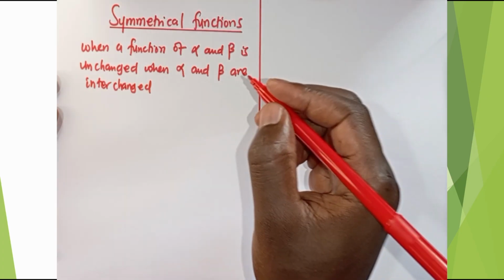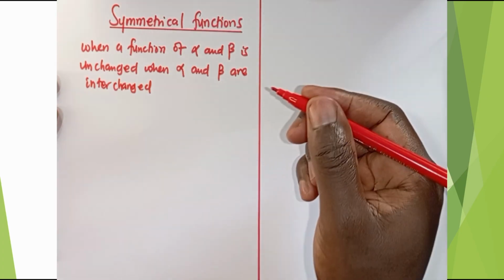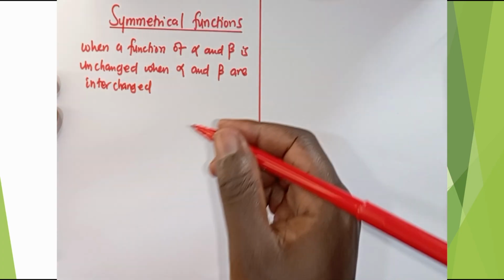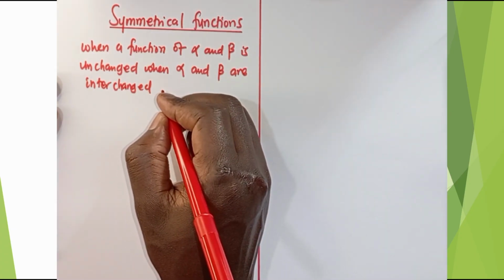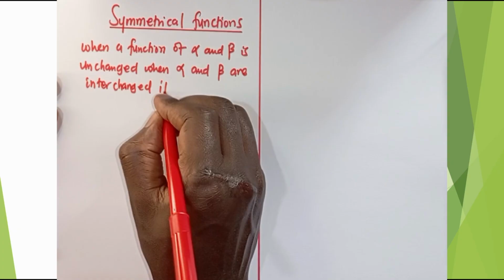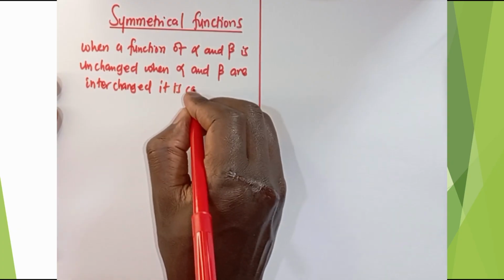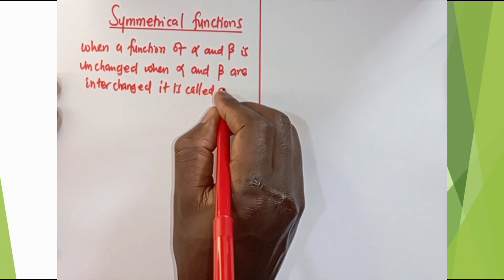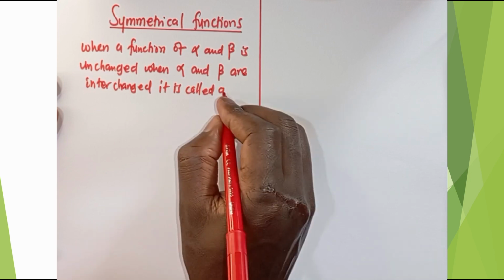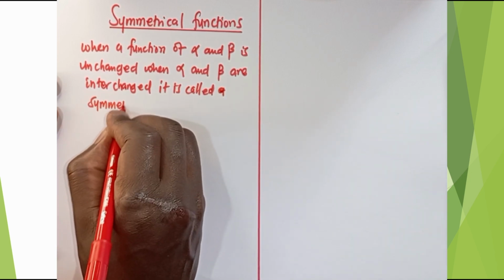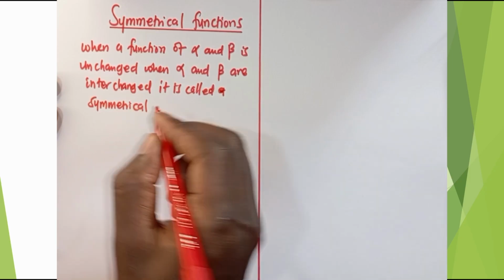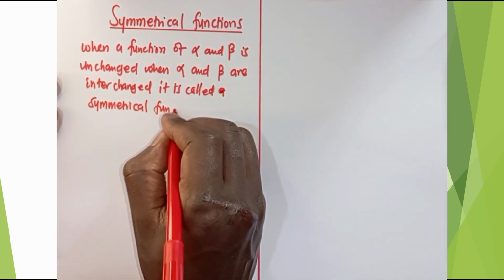When the function of alpha and beta is unchanged when alpha and beta are interchanged, that function is called a symmetric function. It's called symmetrical or symmetric function.